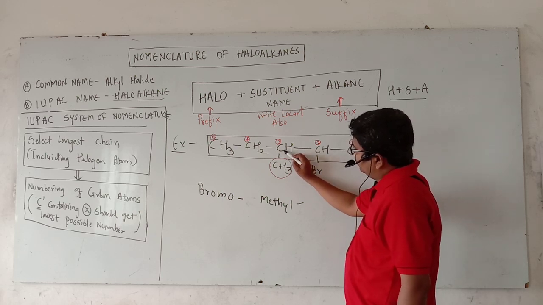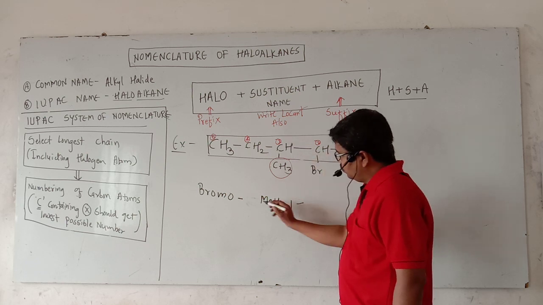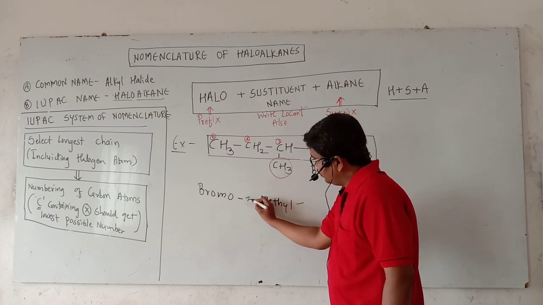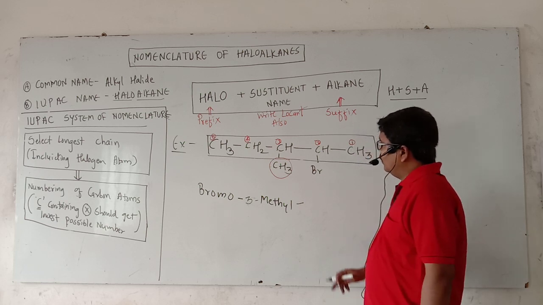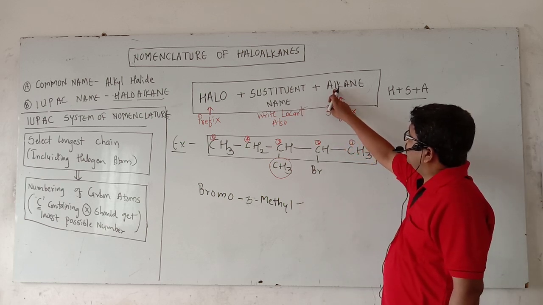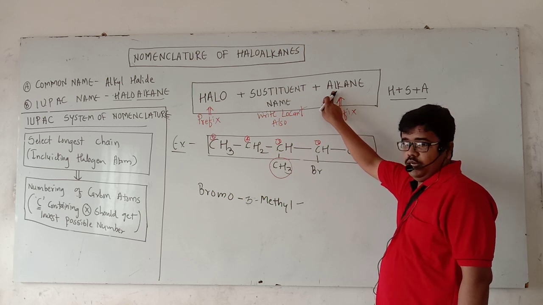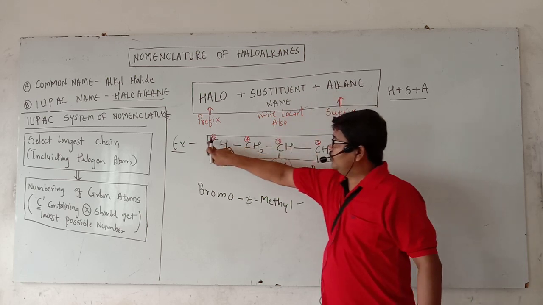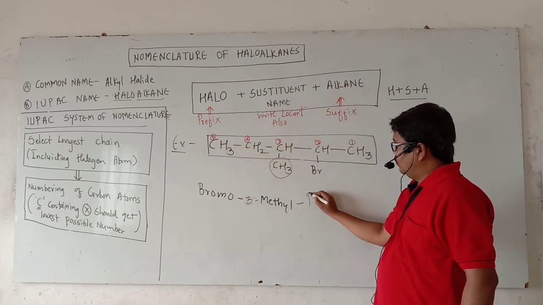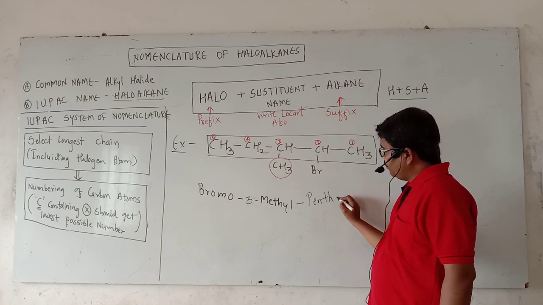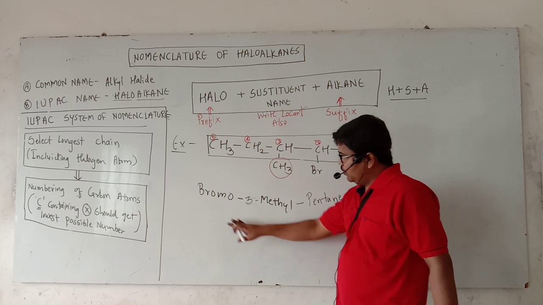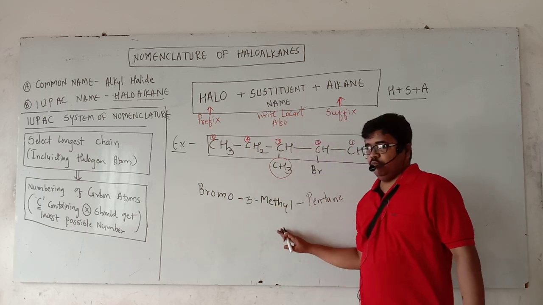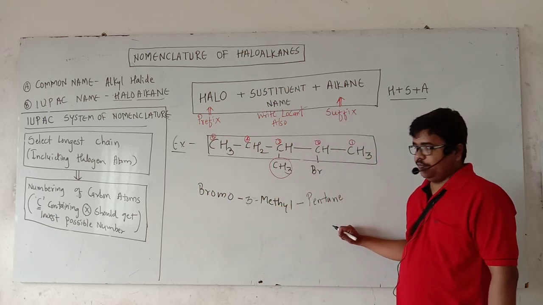It is attached to carbon number 3. So before the name of the substituent, write its locant, or its position, 3. After the substituent name, write down the name of the alkane. How many carbons are there? 5. So the alkane will be pentane. The name is 2-bromo-3-methylpentane.